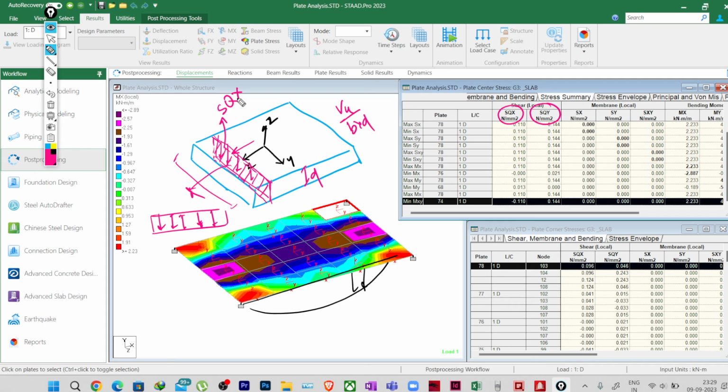Okay, so the face which is perpendicular to the x-axis, the shear stress along this face will be my SQX.